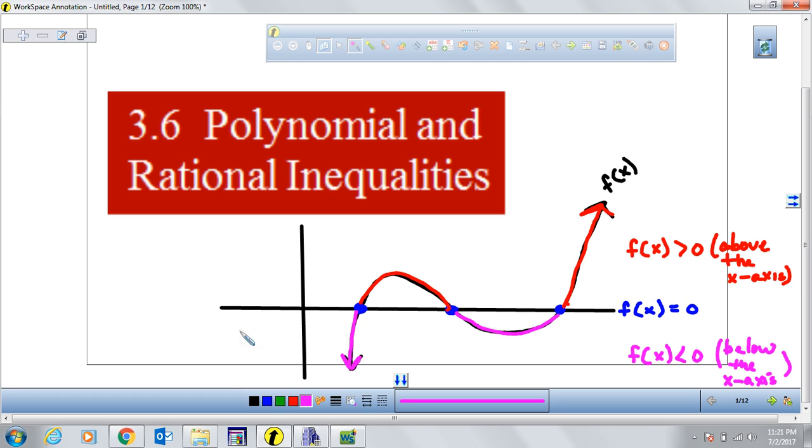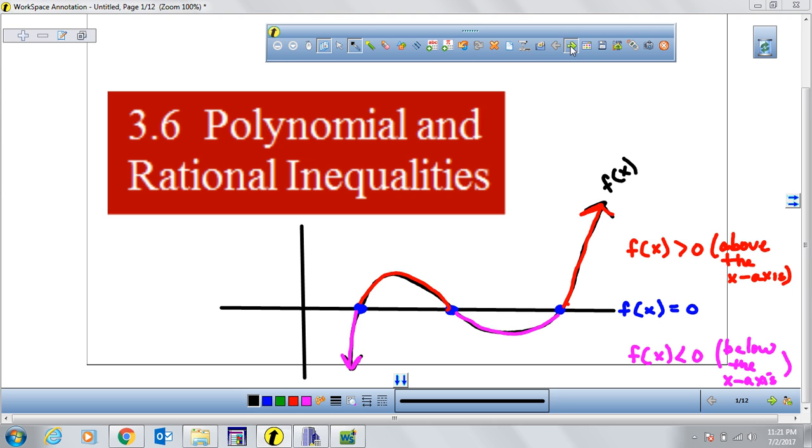Anywhere from negative infinity up to this point, the graph is below the x-axis, and anywhere between this point and this point, the graph is also below the x-axis, meaning less than 0. So when the polynomial is greater than 0, I'm looking for all the values of x where the function is above the x-axis, and when the function is less than 0, I'm looking for all the values of x for which the function is below the x-axis.